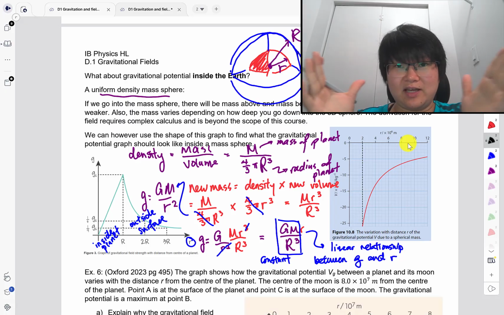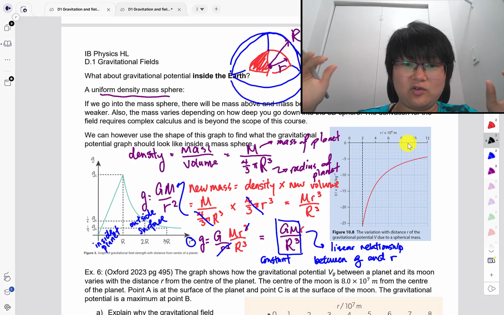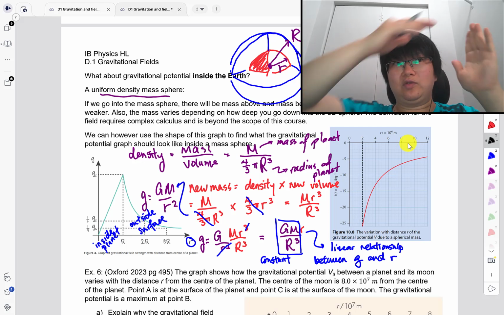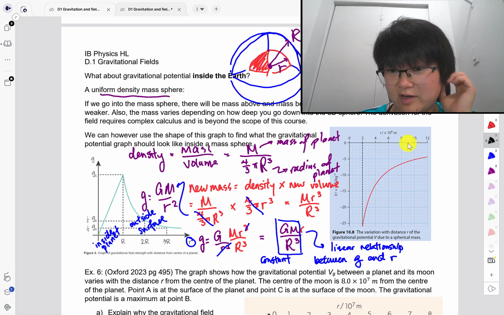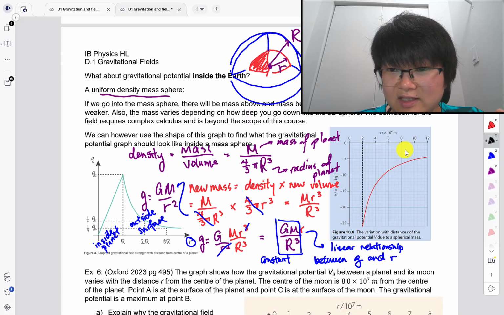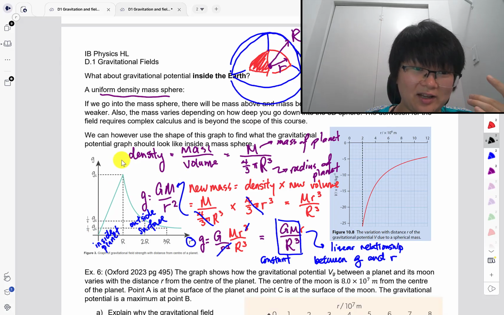So remember, as the lines get closer together, it is steeper. As these equipotential lines get further away, there's more space for the gravitational potential to decrease over space. So essentially, I need this line to look a certain way so that if I take the slope of it, it's going to give me a linear line, a straight line.